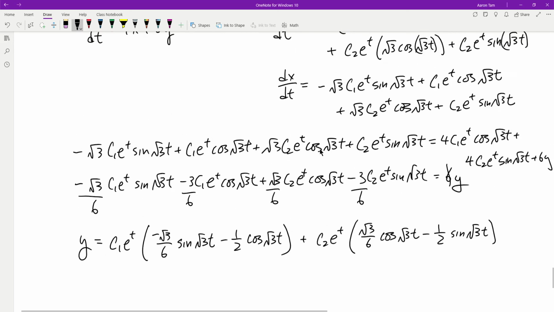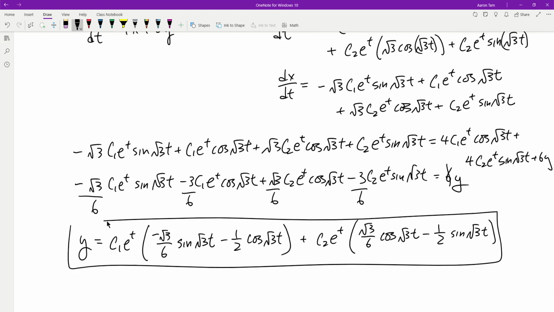So that would be my y, and that would be my x. Now I can combine them together to form my solution.